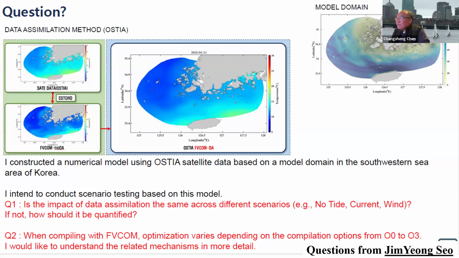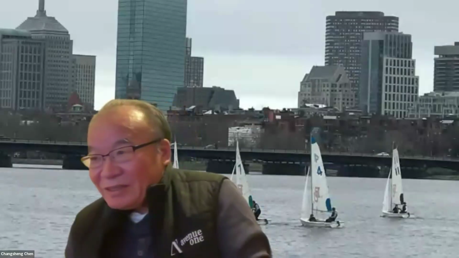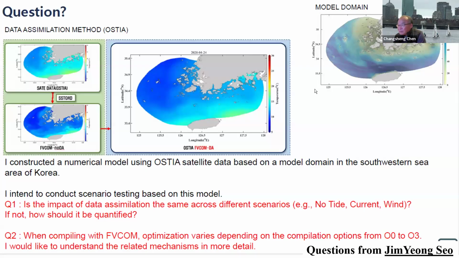So the second question, I think Dr. Lee can answer. Professor Chen, before we go to the second question, let me add to that first question, because I know what he is trying to ask. Suppose he builds the reanalysis data using data assimilation, and from that reanalysis data he tries to figure out which forcing affected how much.